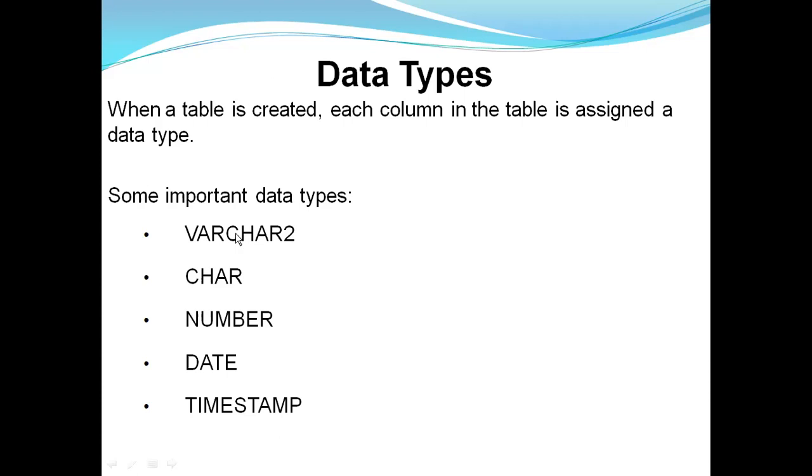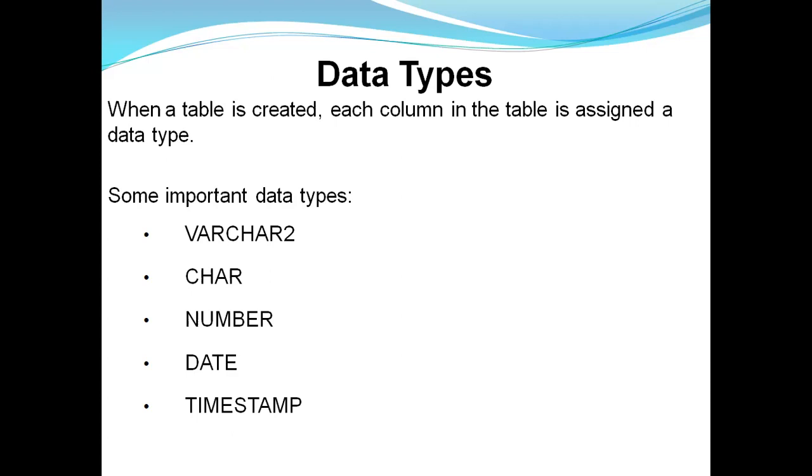First is called VARCHAR2. Char, number, date, and timestamp. These are the major ones, because when we are storing data, it could be characters, or sometimes it could be numbers, sometimes it could be a date or a time.